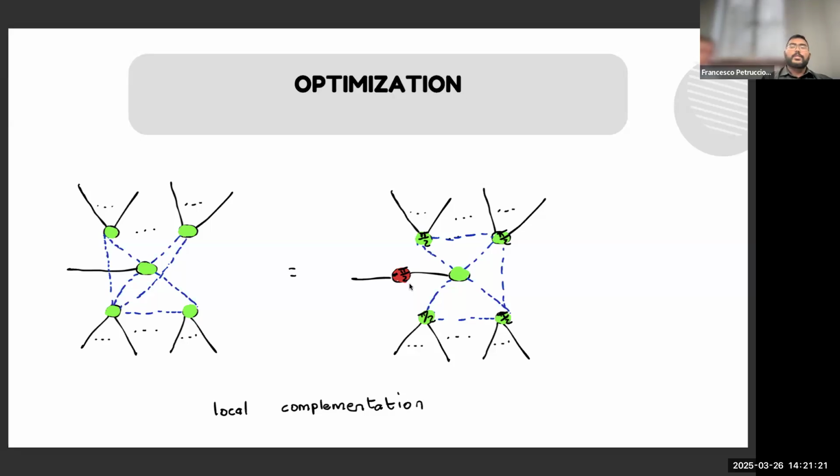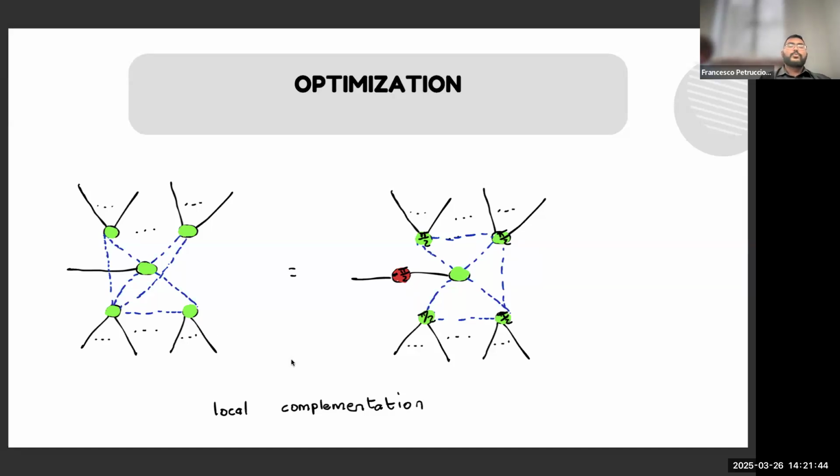But what was the point of this? The point is that once we convert to a measurement-based quantum computing pattern with flow, we want to optimize our pattern to make quantum computing more efficient. And hence we need to have some ways of simplifying our pattern that preserves these flow conditions.